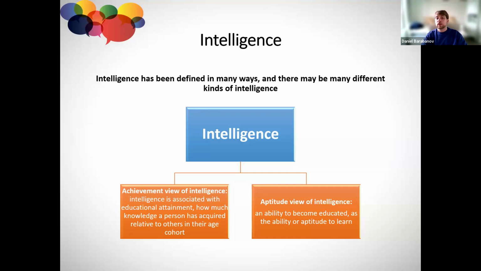It's not a secret that intelligence plays a vital and important role in our lives. We categorize people based on their intellectual abilities, and it influences our performance in educational settings, at job places, in our interpersonal relationships, and so on.